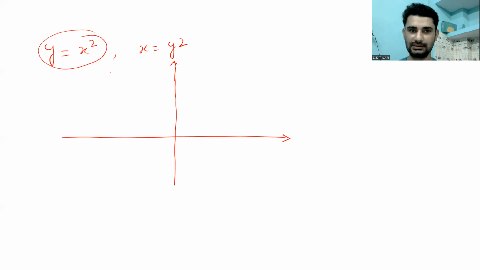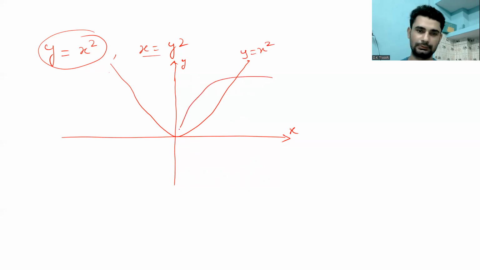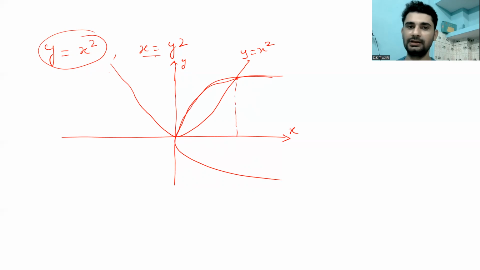The graph is, this is the y axis, this will be the x axis, and x equal to y square, and this is y equal to x square. So in order to find this area, firstly, I'm going to find out this point. And how can we find this point? We can easily equate these equations.